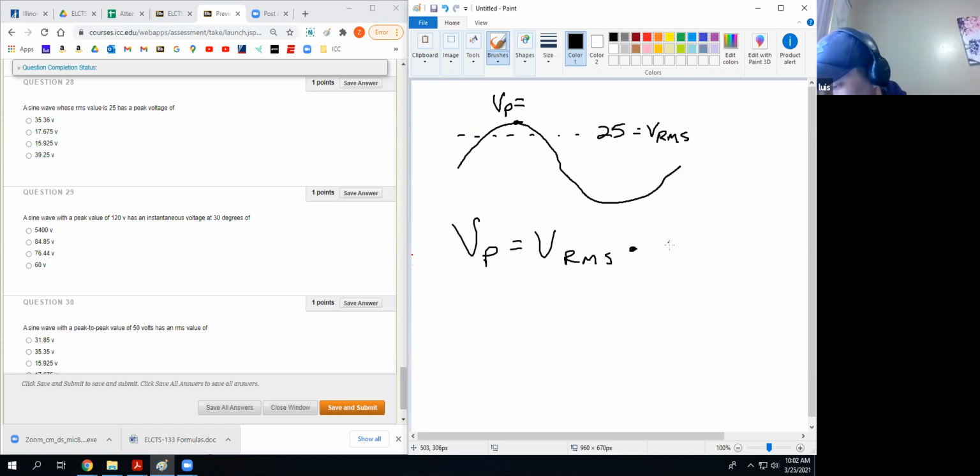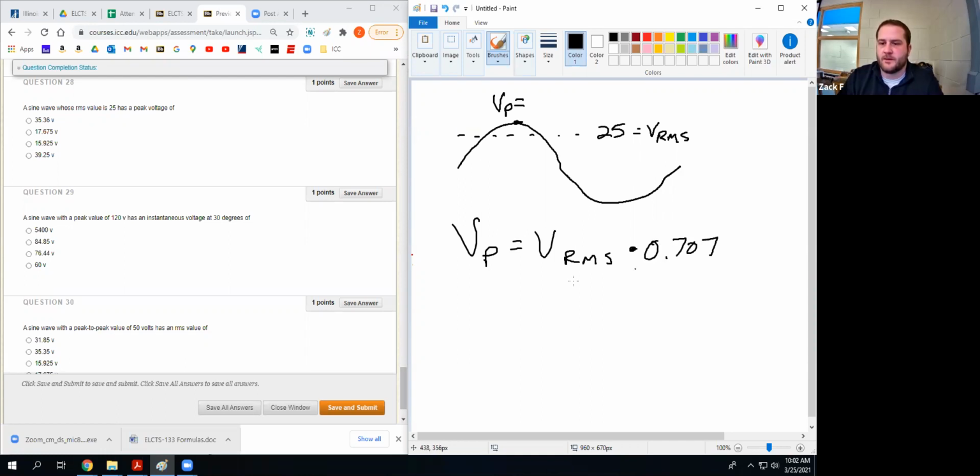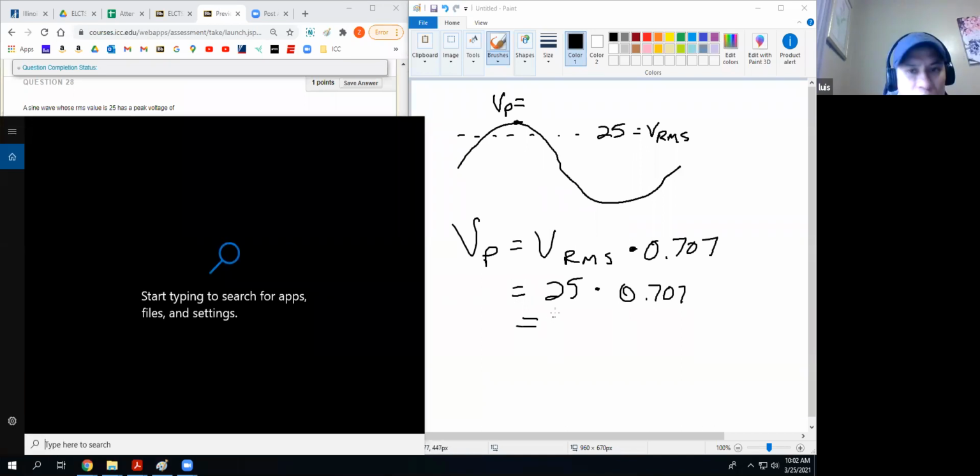V peak equals VRMS times 0.707. 25 times 0.707 equals 17.675 volts.